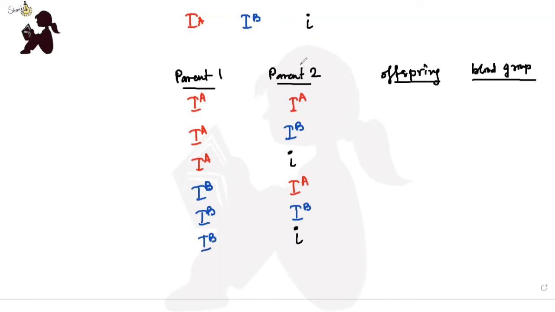Another combination is when both parents are recessive, meaning small i.